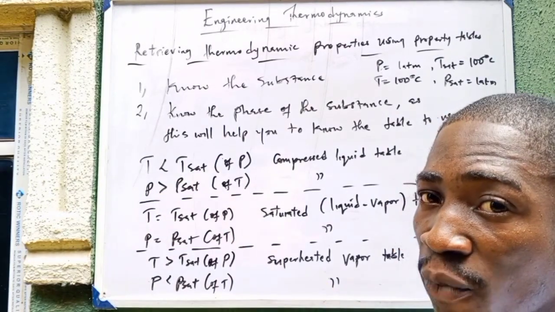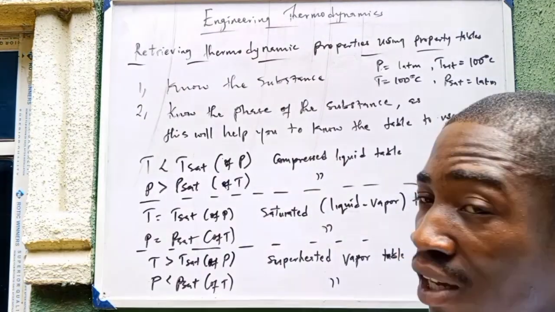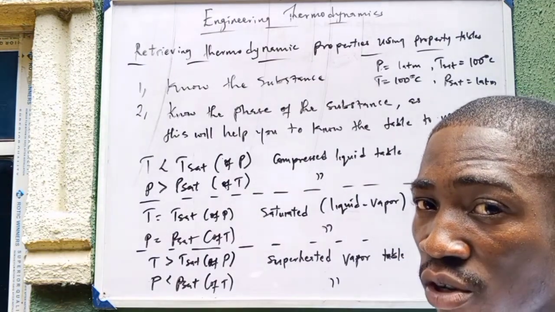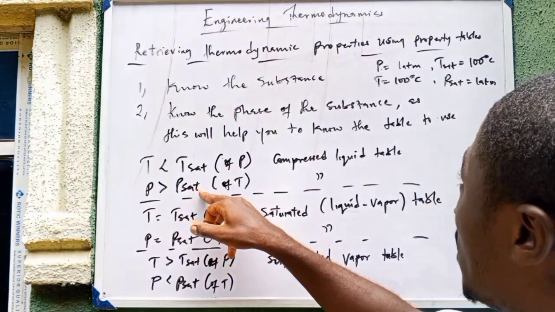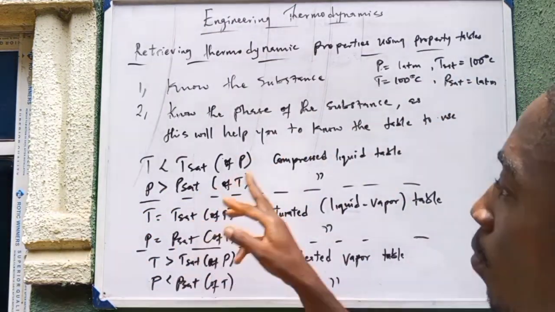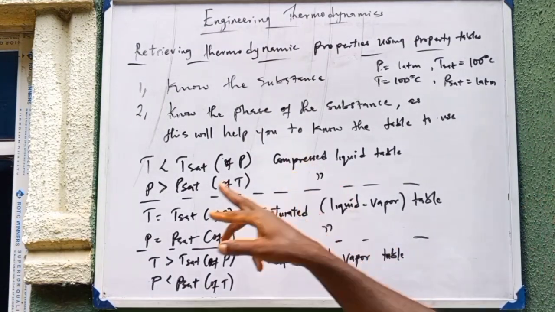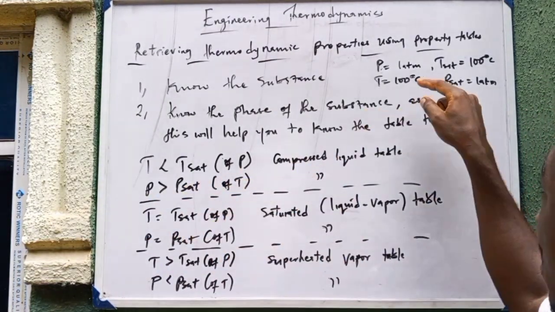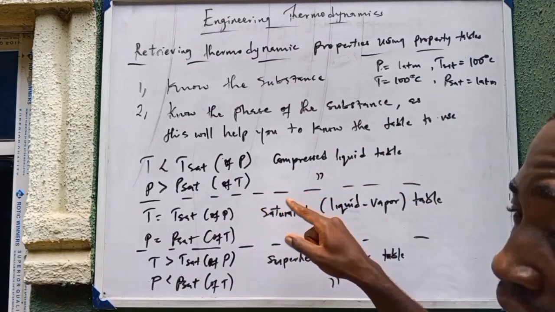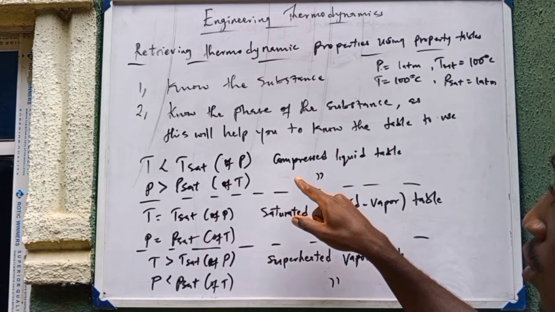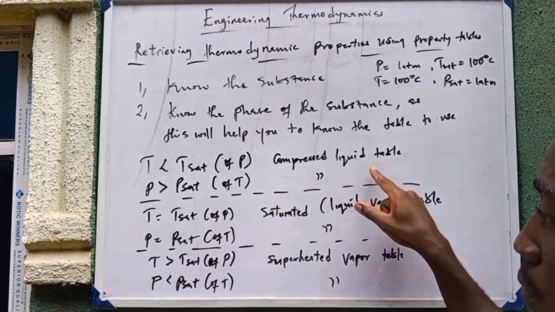For the TV diagram, we start from lower temperature to higher temperature, but for the PV diagram, we start from higher pressure to lower pressure. So P has to be greater than P sat for us to be in the compressed liquid water region. So in that case, if P is greater than P sat for this temperature, 100 degrees Celsius, that means we leave the saturated table and move to the compressed liquid table. That's where our values would be.